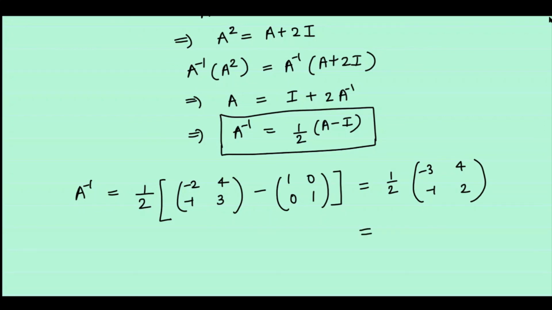So we have minus 3 by 2, 2, minus half, 1. So this is the value of A inverse. If the matrix is non-singular, that is, if it has an inverse, we can compute its inverse using the Cayley-Hamilton theorem in an easy way.